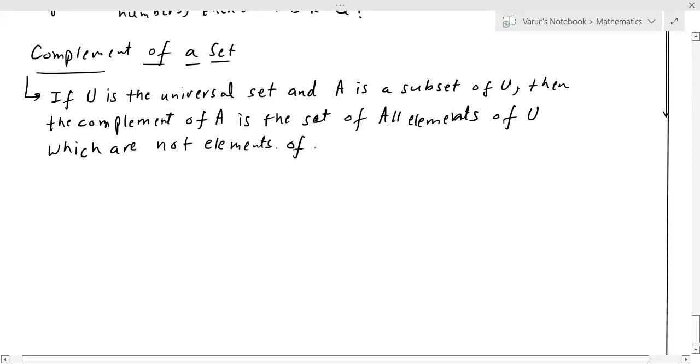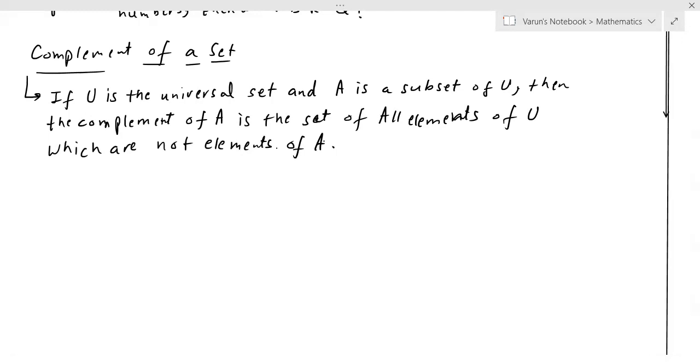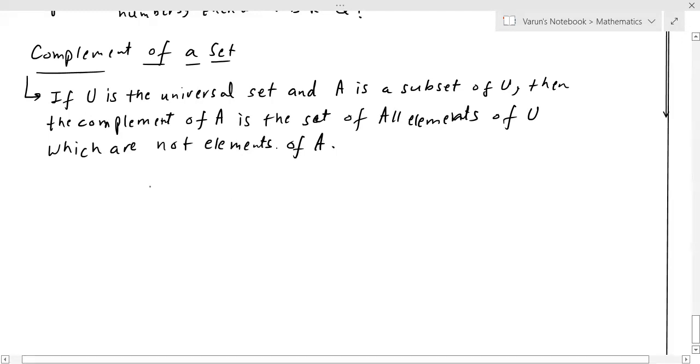So anything which is not part of A but is part of the universal set is known as the complement of set A. Symbolically, I can write complement of A is A prime or A dash.